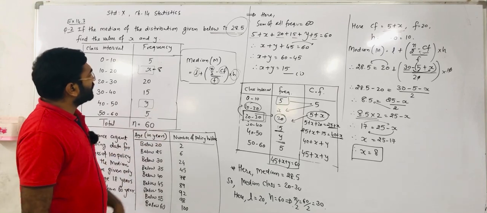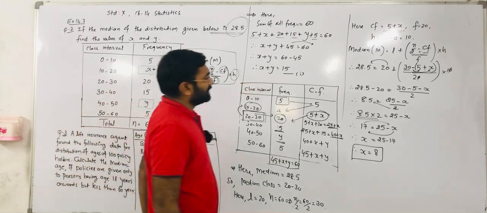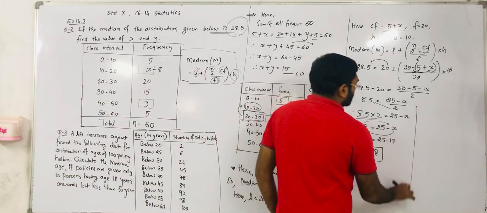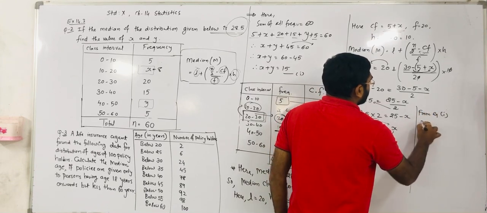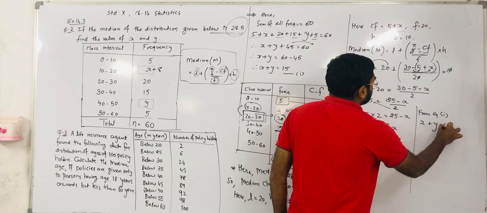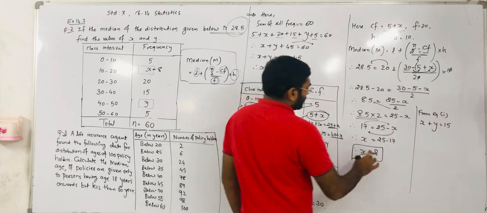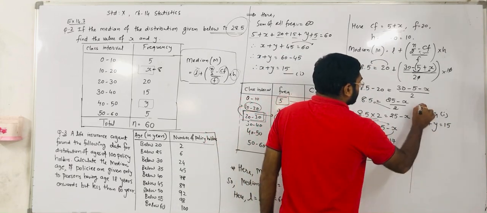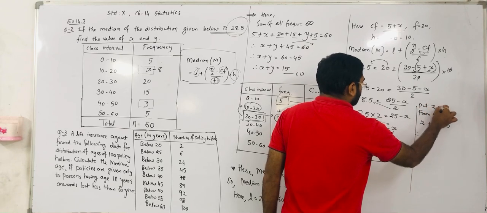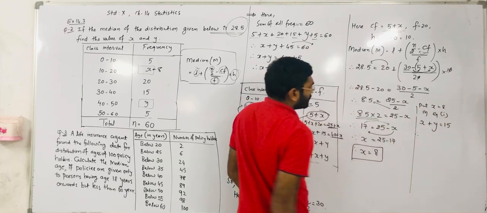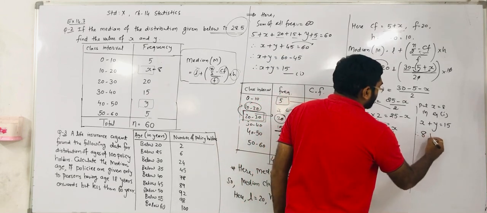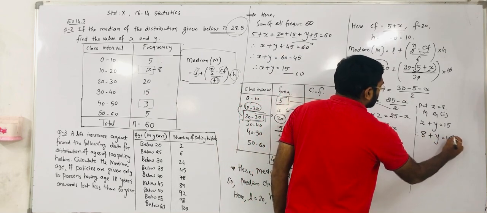Now we have to find the y value, and for that we use equation number 1, which is x plus y is equal to 15. We put x equal to 8 in equation number 1, so 8 plus y is equal to 15.